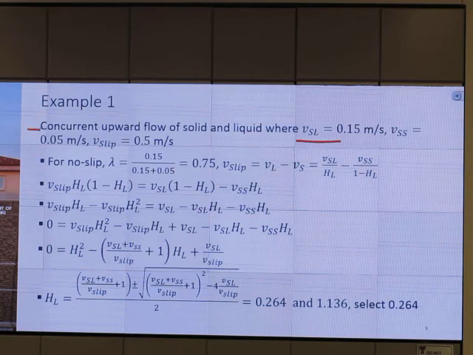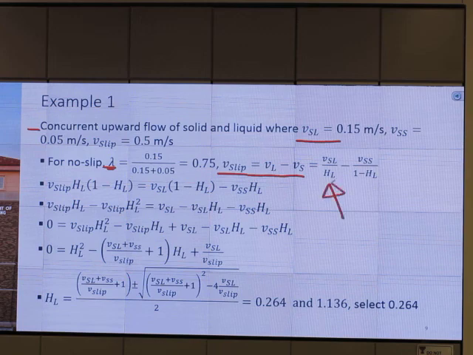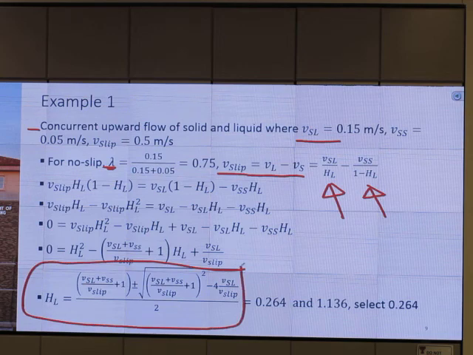For no slip, lambda equals 0.15 divided by 0.15 plus 0.05, equal to 0.75. From this formula, V slip equals VL minus VS. Substitute into the formula for HL, we get this formula, right? VSL divided by hold-up is the actual velocity. Do the math, we get that.